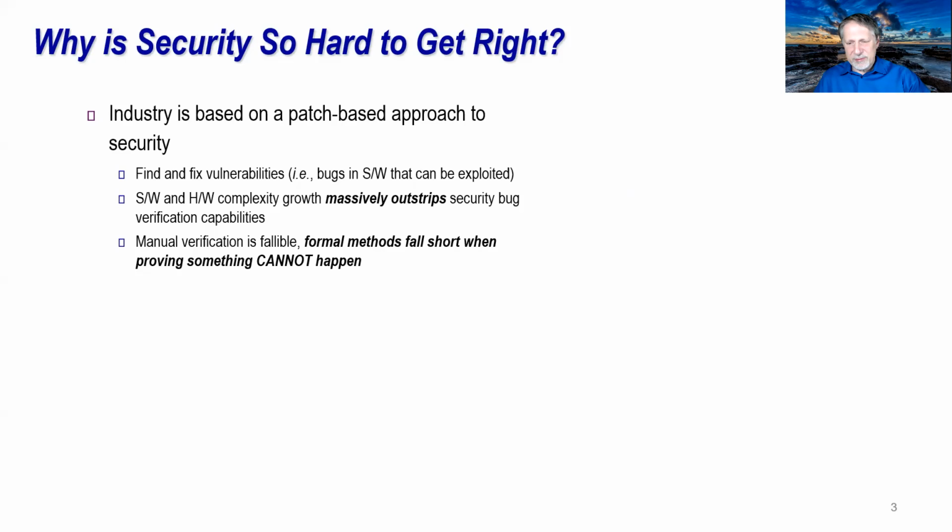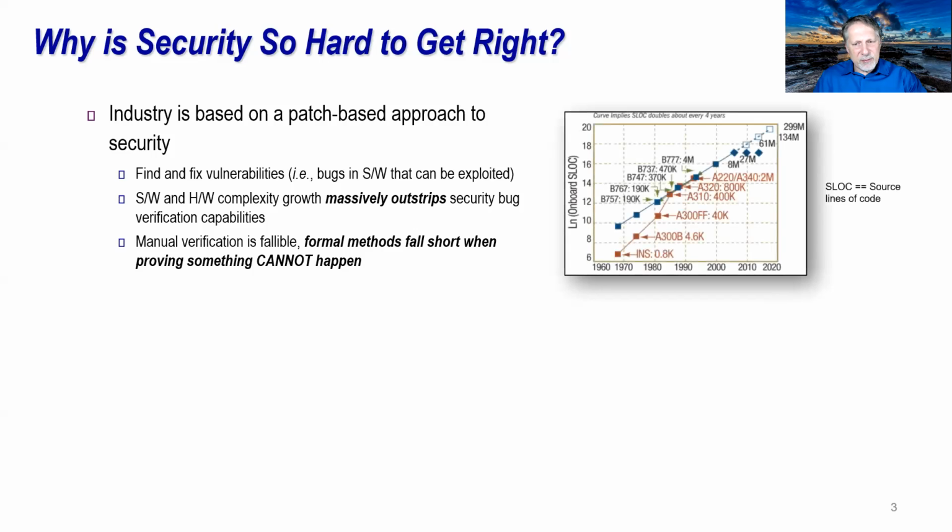Manual verification of vulnerabilities is very difficult. And formal methods fall short because formal methods applied to security have to prove that something cannot happen. This graph is very interesting to look at. This is the number of lines of code on Boeing (blue) and Airbus (red) commercial airliners when their wheels leave the ground.